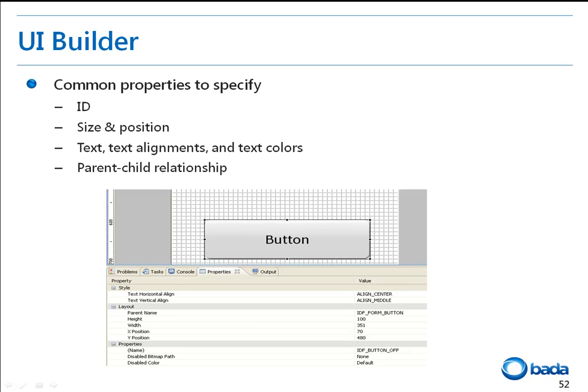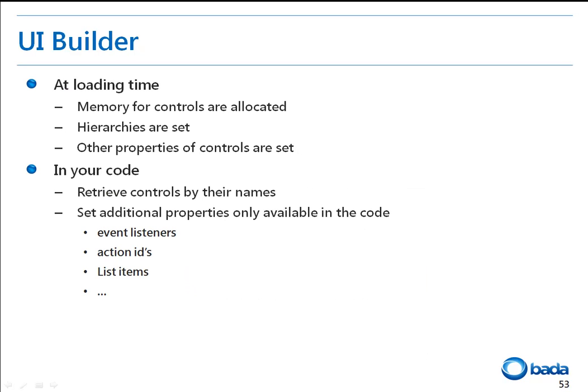When the XML format UI file is loaded, memory is allocated to each of the controls in the XML file, and the hierarchy of the controls is set. In addition, the properties specified in the XML file are set to the corresponding controls.